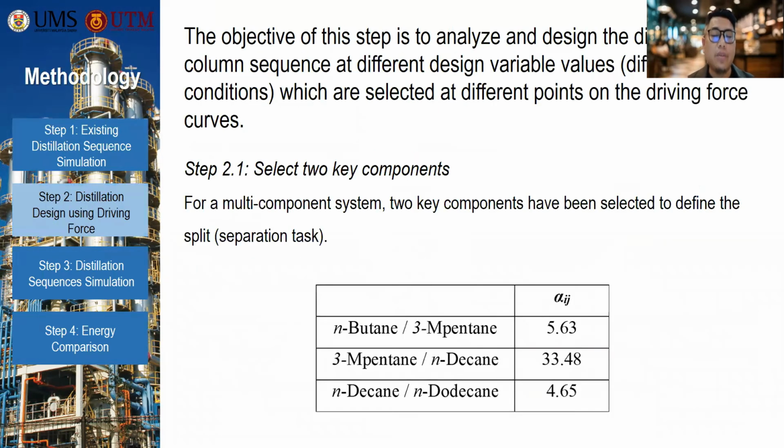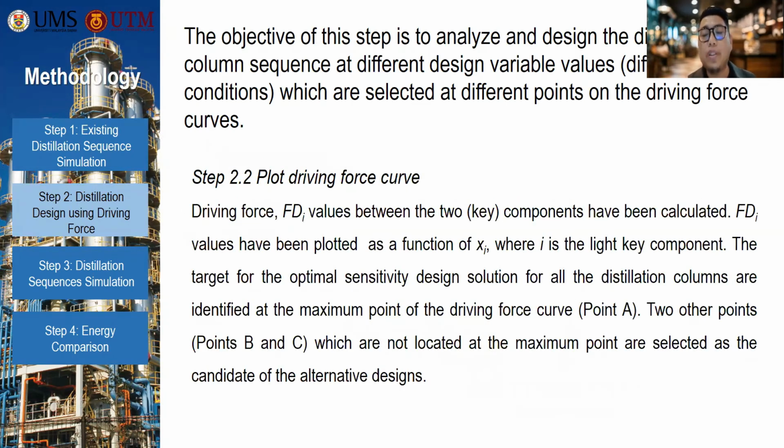The second step is to redesign the individual distillation columns within the existing sequence. In order to do that, we need to come up with the splitting values. We have four components, therefore we have three splitting values. Once we have these splitting values, we can plot the individual driving force curves representing these three distillation columns.